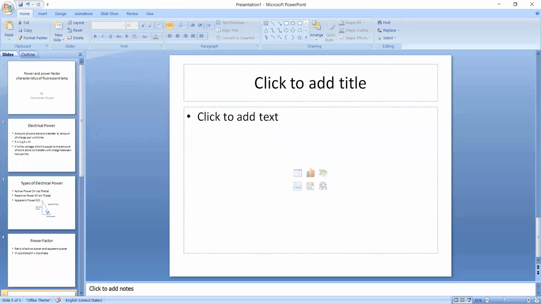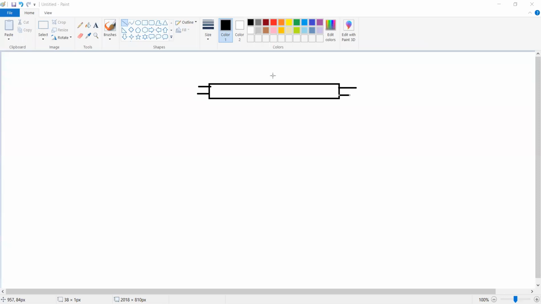Now the third term is the fluorescent lamp. So how does a fluorescent lamp look? Let me go to another view. This is how a fluorescent lamp looks. It has two terminals on the left hand side and two terminals on the right hand side, a total of 4 terminals.